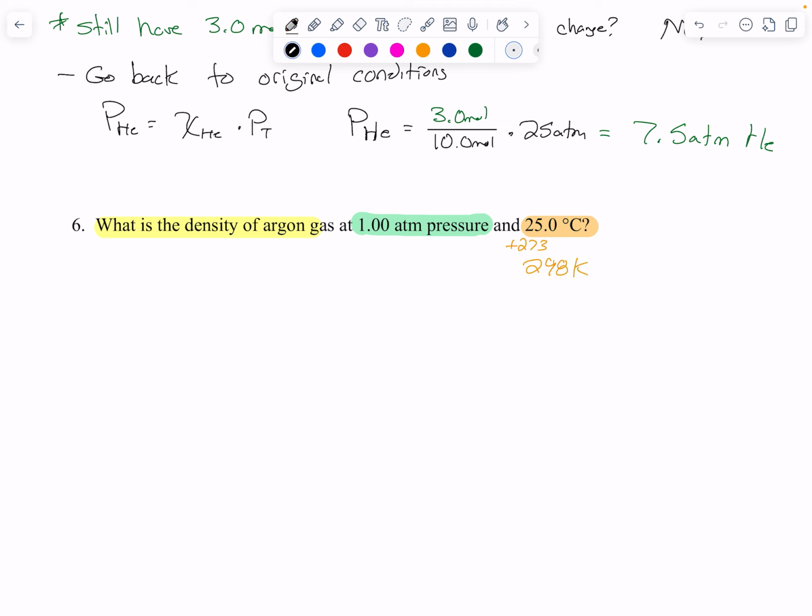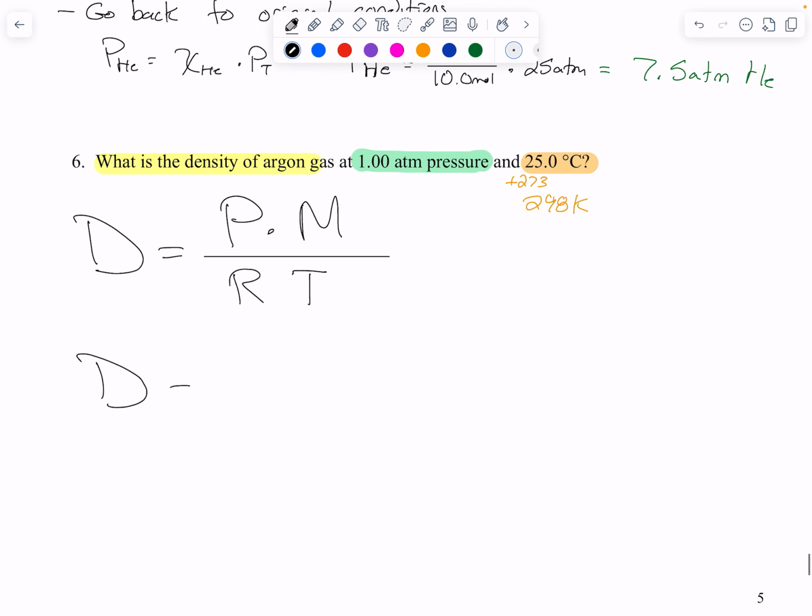If you remember, the density of a gas is going to be equal to what? It would be the pressure times the molar mass divided by R and T. And so the density: pressure would be 1 atmosphere.